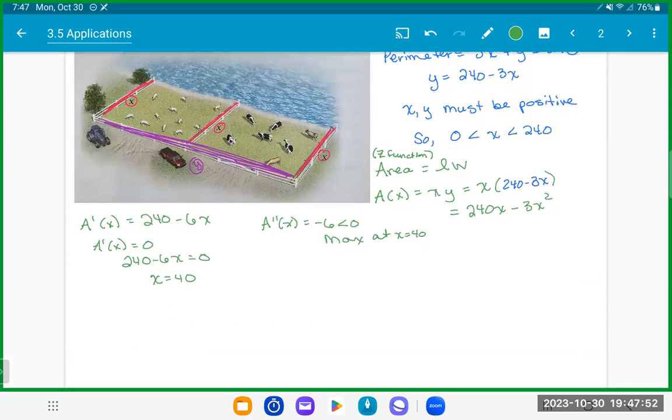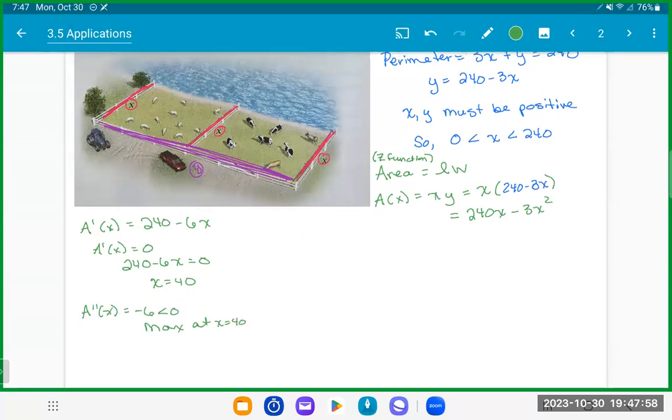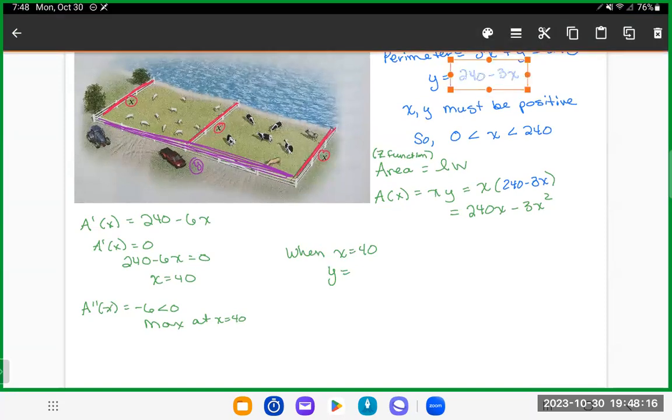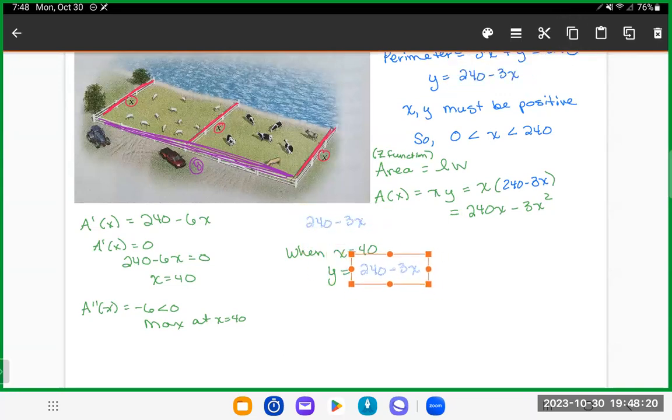And I'm going to move this. I thought I was out of paper. So let's move that down here. So I can determine what my y value is, right? So the things we need to know. So when x equals 40, then y equals, and we're just pulling the blue equation, right?